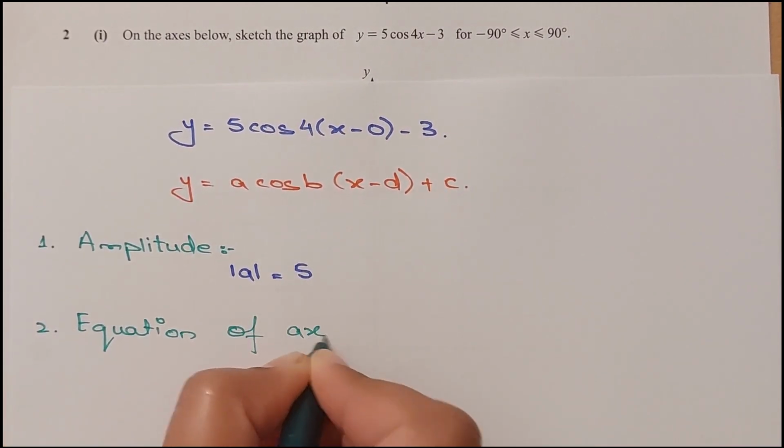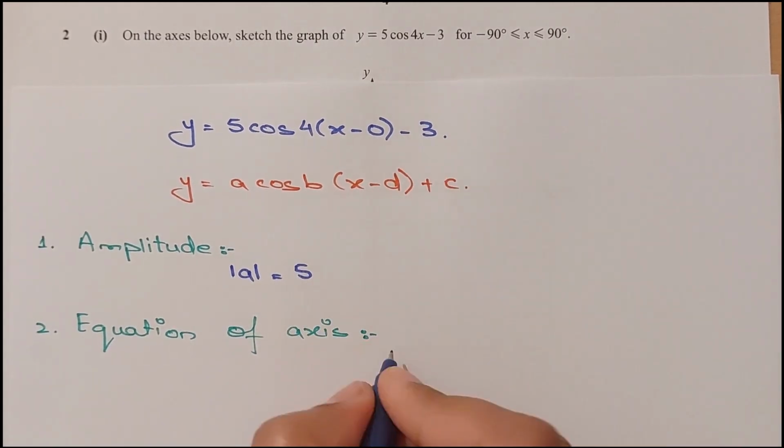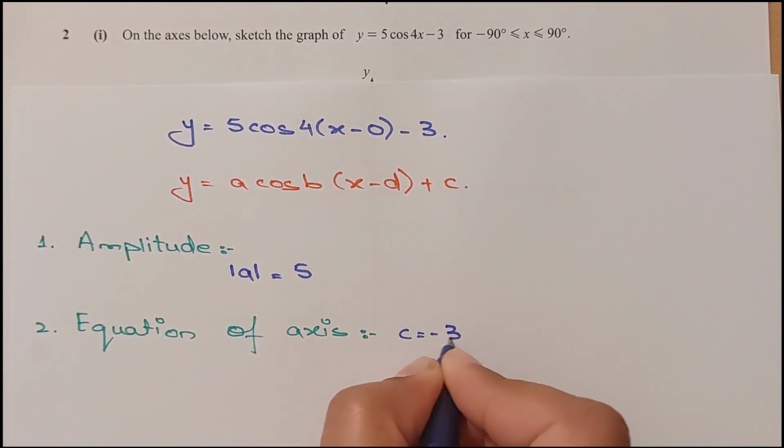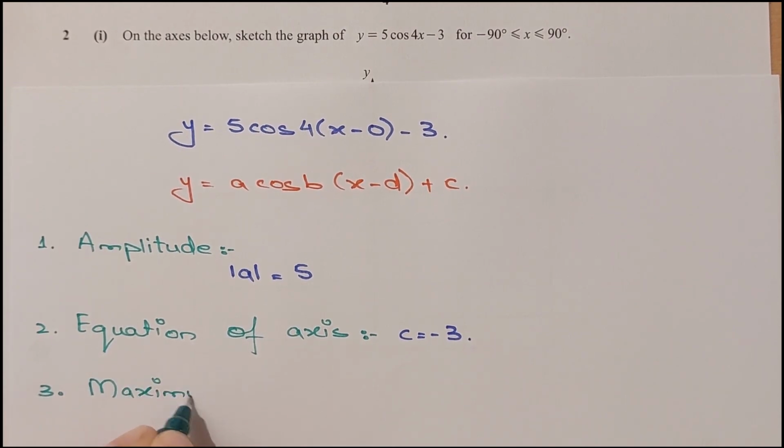The equation of axis is the c value, and in this case the c value is -3, right? So with the help of amplitude and equation of axis, we can find the maximum value and the minimum value of the curve, right?